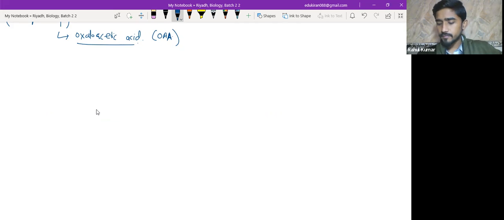Now in the plants, first of all, write down before I go forward, characteristics of C4 plants. So the first thing is, write down both monocots and dicots.